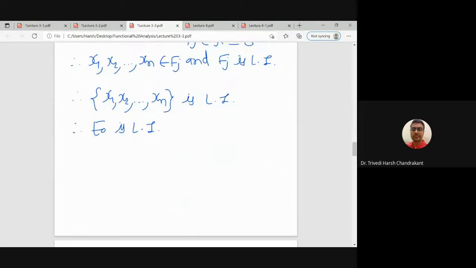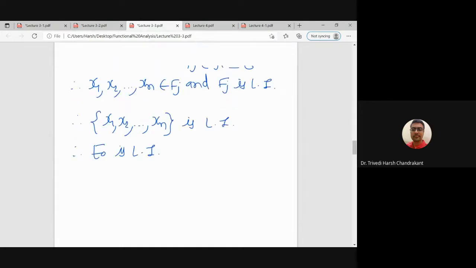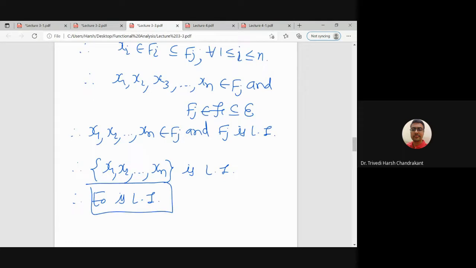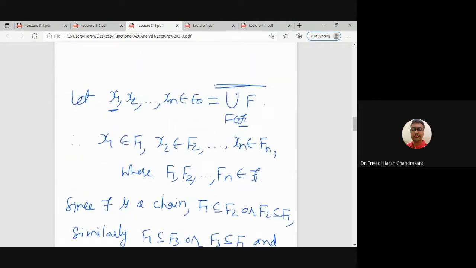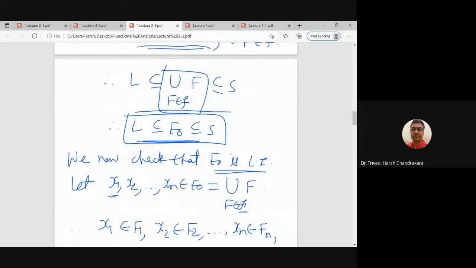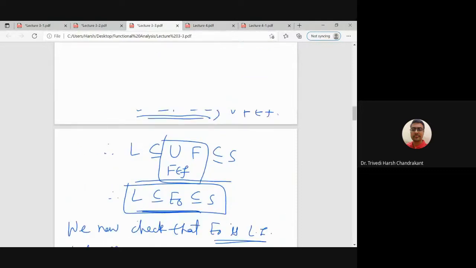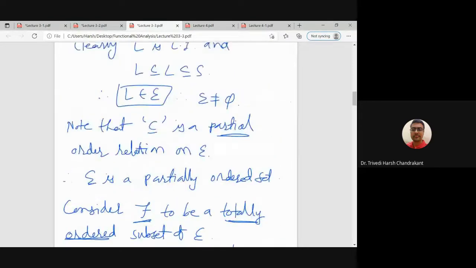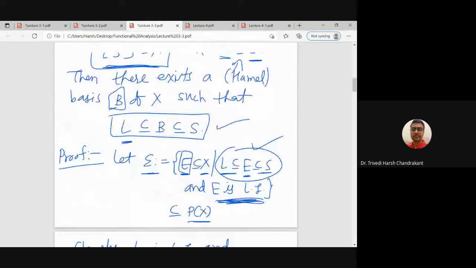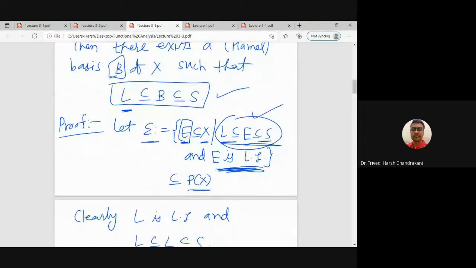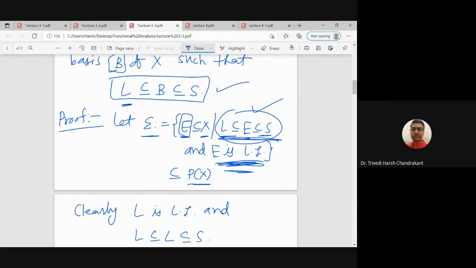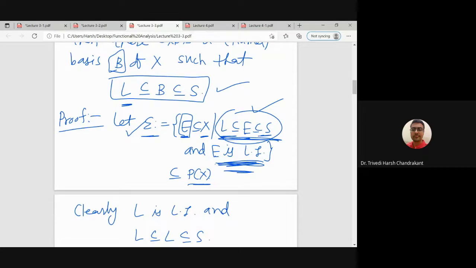So let us note down that E0 is linearly independent as well as it satisfies this condition. What is E? E is the sets which satisfy this property as well as being linearly independent. So E0 satisfies both of these properties, and that means E0 is an element of E.